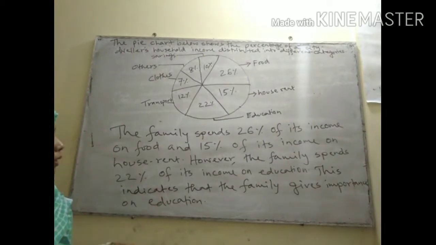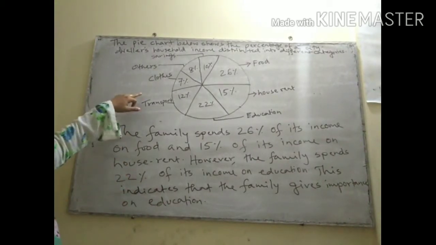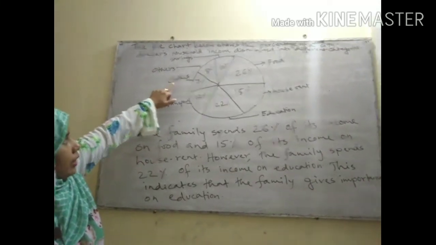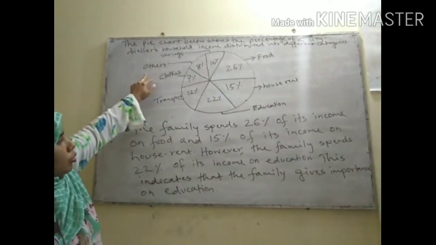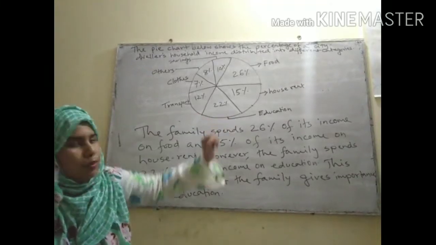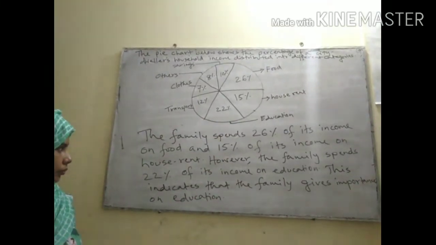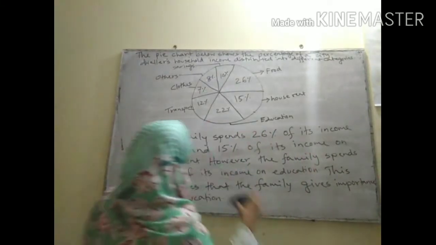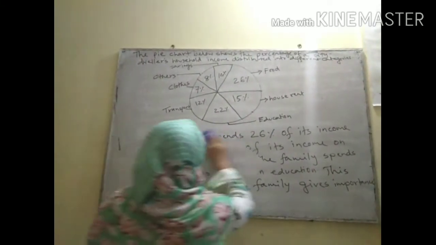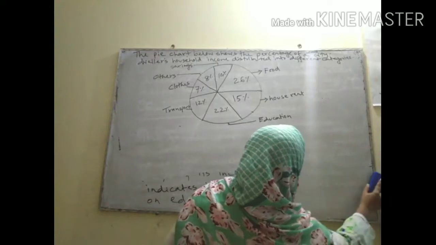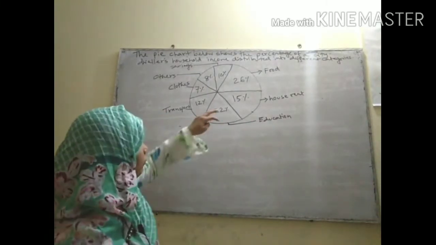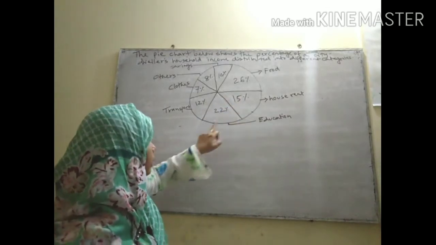Some family may spend more of their income on clothes and small income on education. Okay, so we have covered food, house rent, education.